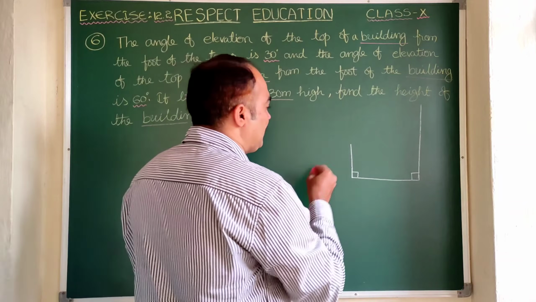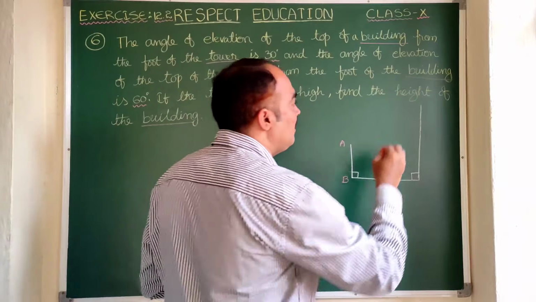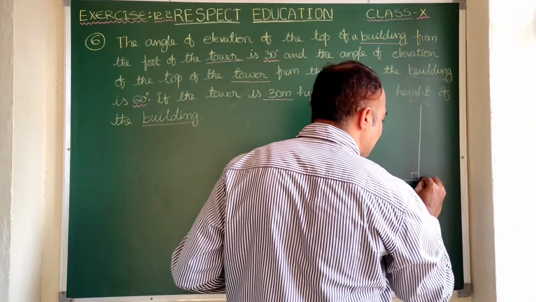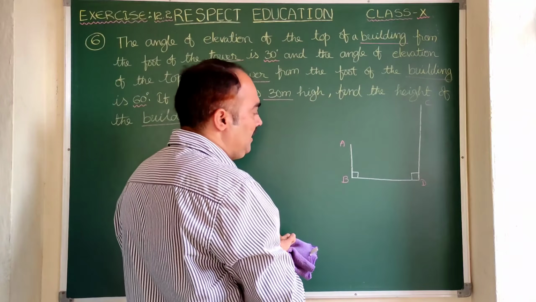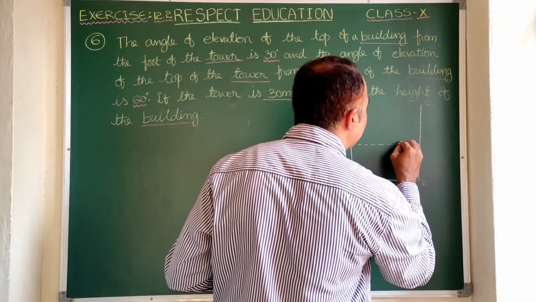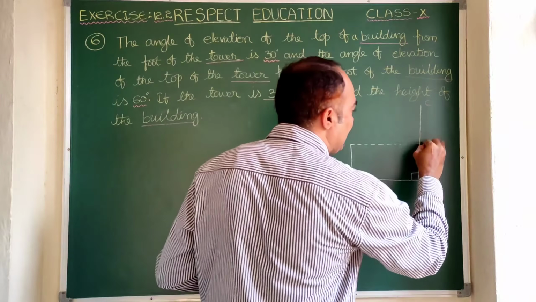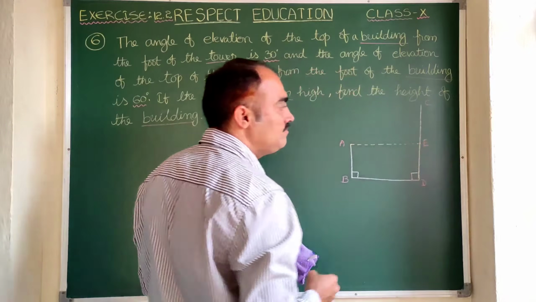So let us label it: let AB be the building and CD be the tower, and here let us draw a parallel line, that is a horizontal line, which is parallel to the earth. Consider this point E as the point of coincidence.